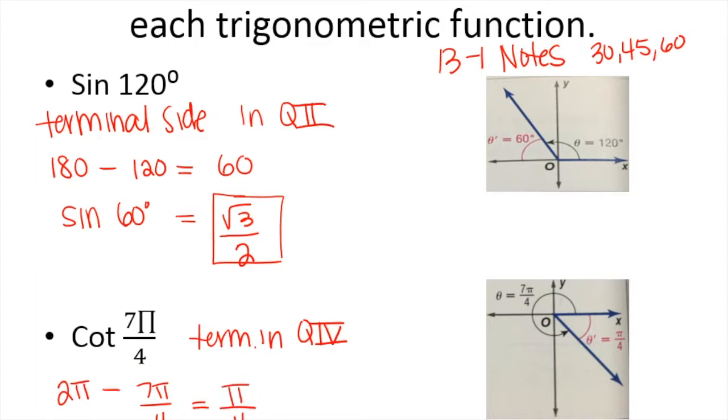Since cotangent is negative in quadrant 4, by the signs that we just talked about, I'm looking for the negative cotangent of pi over 4, which is the same as 45 degrees. If you need to go back and review that table, cotangent of 45 is 1, so then our final answer will be negative 1.